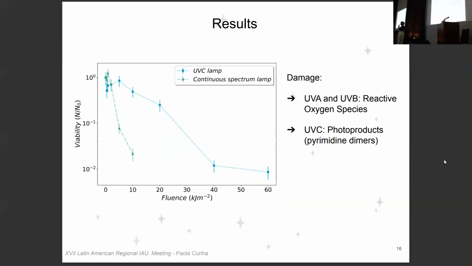A possible explanation is that UVA, UVB, and UVC are responsible for different kinds of damage. UVA and UVB are more responsible for reactive oxygen species and UVC for photoproducts.